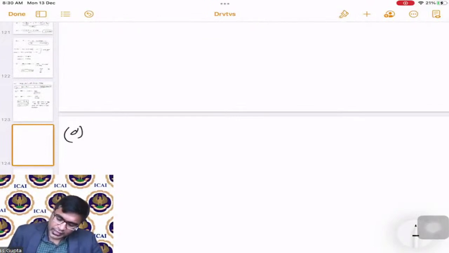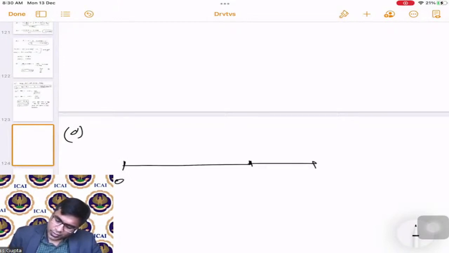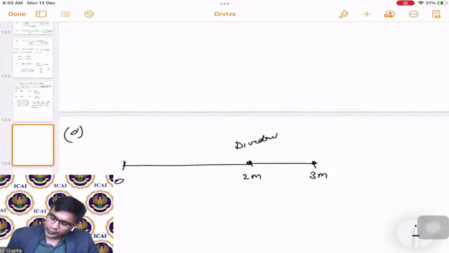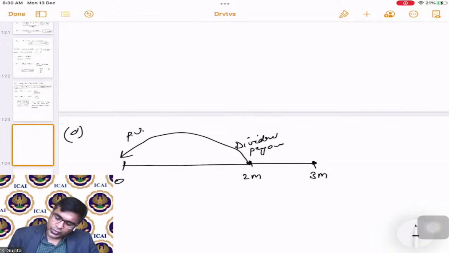So if we go to the D part, this is our 2 months and this is our 3 months. So 0, 2 months, 3 months. So 3 months is the expiry of the contract. 2 months dividend payout is expected. So what we can do is we can take a present value and reduce it from spot price.